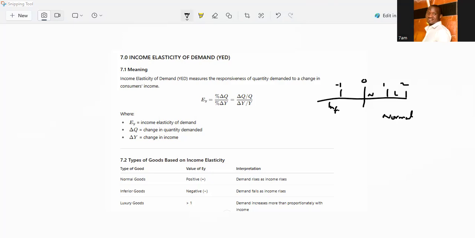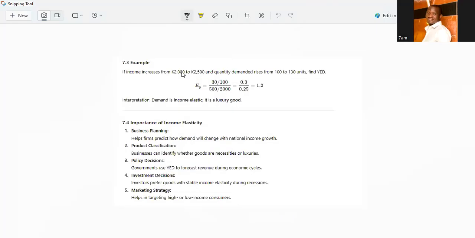Sometimes you'll be given an instance where quantity demanded increases, for instance, income increases from 2,000 to 2,500, causing demand to increase from 100 units to 130 units. What is the income elasticity of demand?